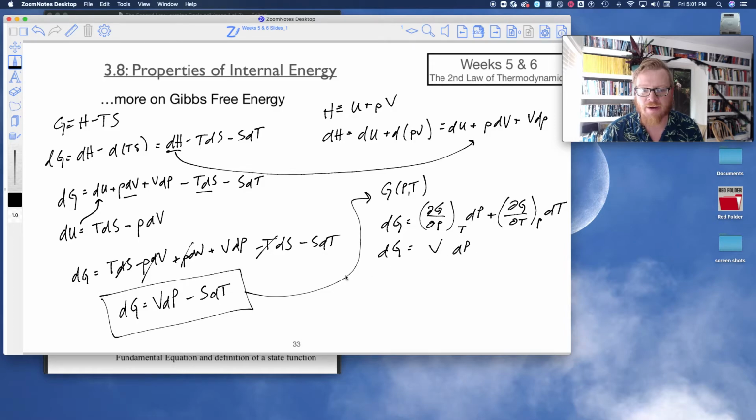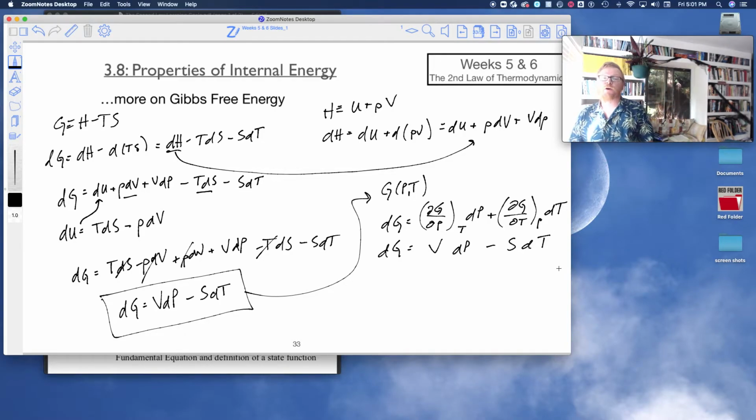So I'm going to write both of these equations next to each other. And this reveals more the connection of physical observables to thermodynamic potentials.